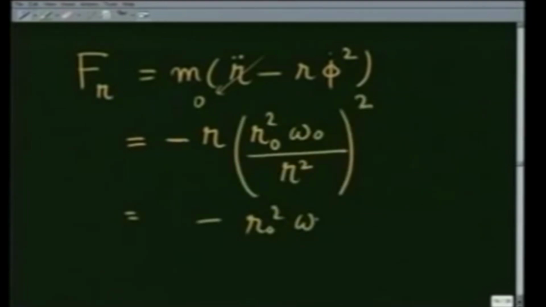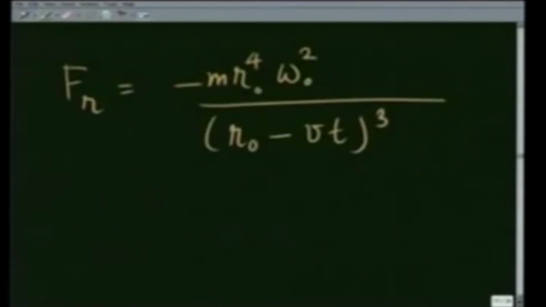R double dot is 0 because I am pulling the wire in with constant speed, and therefore this is going to be equal to minus m r phi dot square, where r phi dot square is r0 square omega 0 over r square, squared. This gives minus r0 raised to 4 omega 0 square over r cubed, and therefore the force needed to pull it in is equal to minus m r0 raised to 4 omega 0 square over r0 minus vt, whole cubed.